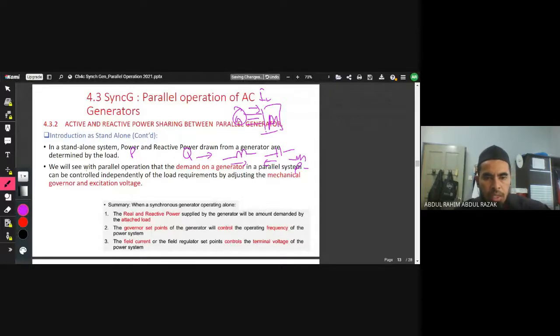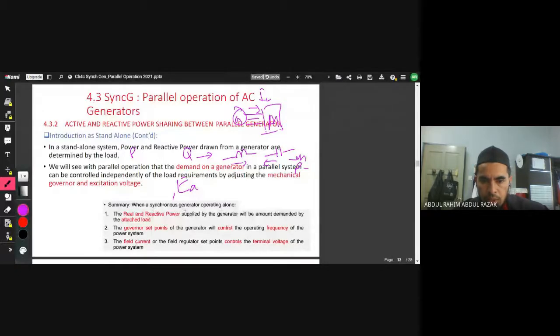We will see that in parallel operation, the demand or generation in a parallel system can be controlled independently of the load requirement by adjusting the mechanical governor and the excitation voltage, so by changing EA or the mechanical governor.